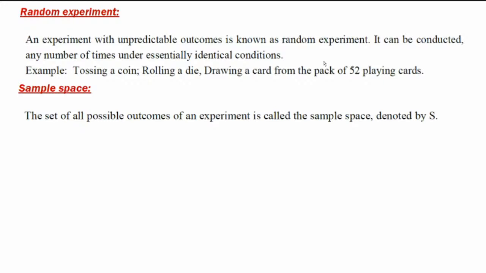For example, when you are tossing a coin, if before tossing you say the answer is head, and every time the answer after tossing is the same as what you said before, that is not a fair game. Unpredictable outcomes means we know the outcomes, that is head or tail, but we can't give a sure 100% compulsory head or compulsory tail. That is the meaning of unpredictable outcomes.